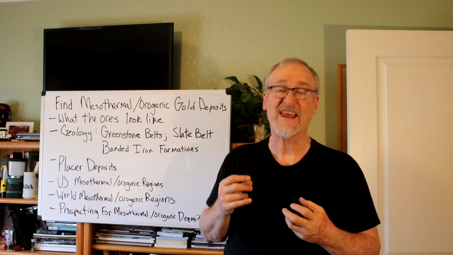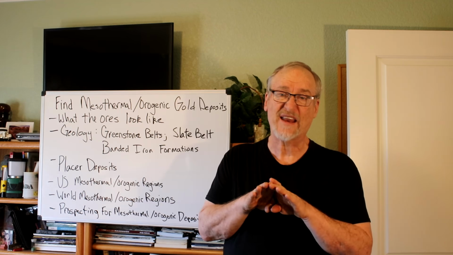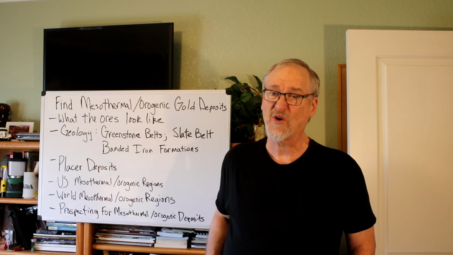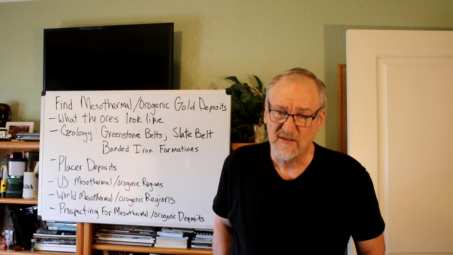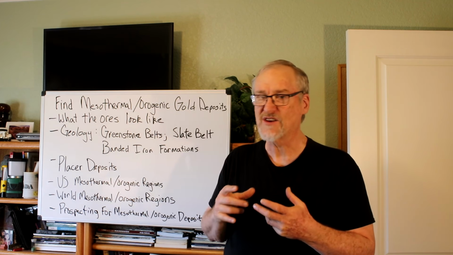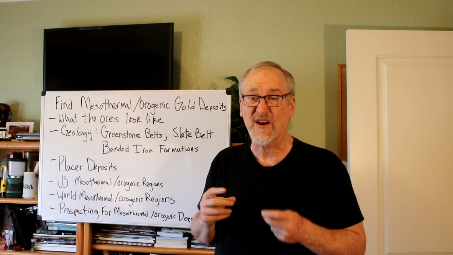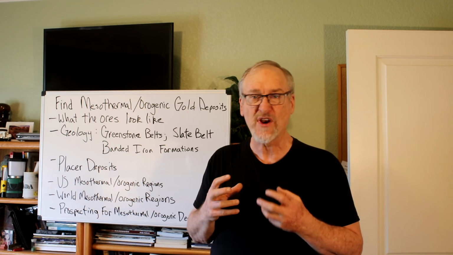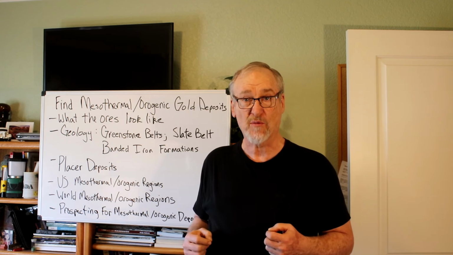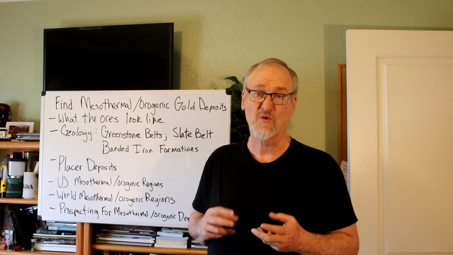Belts of slate and faults through and contacting the belts of slate are also important in a number of areas. Because these types of veins are comparatively high grade and the gold is comparatively coarse, they actually make pretty good targets for individual prospectors to find and to work.